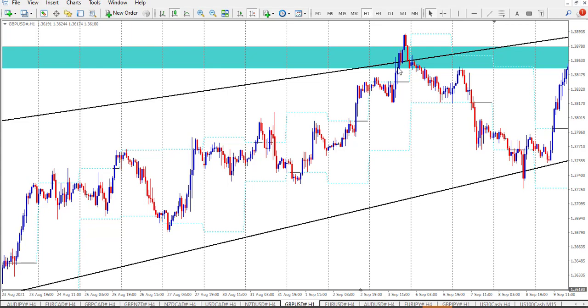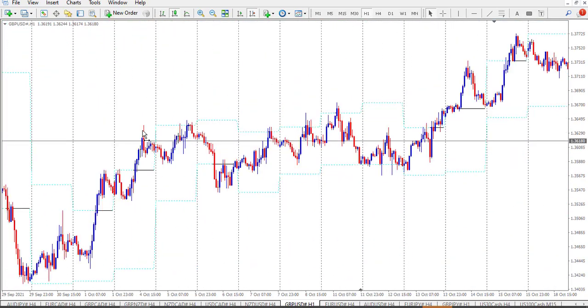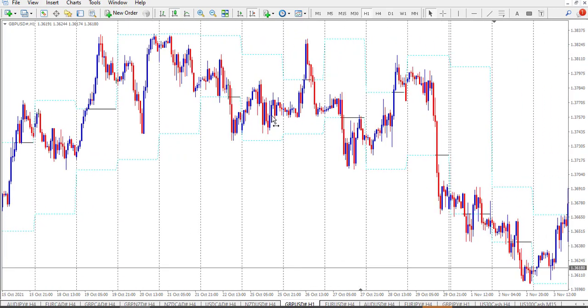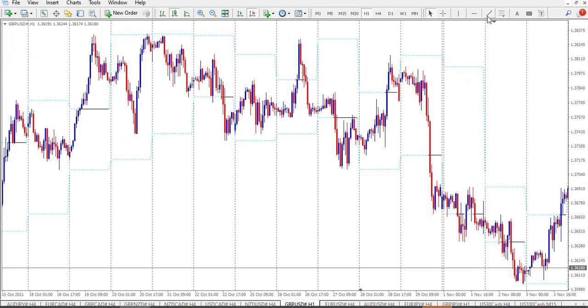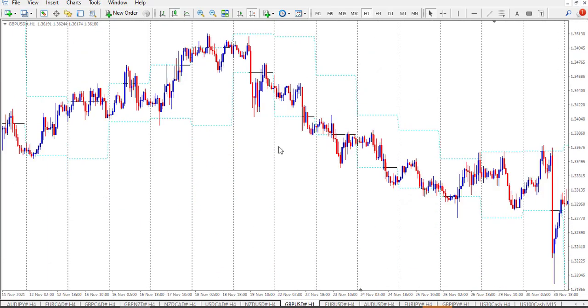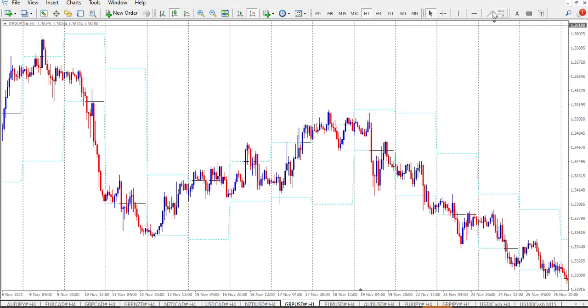And on the higher time frame, it takes time, but it's more accurate compared to the lower time frame. So you can try to balance out the two, but use the higher time frame as often as you can, so that you can get accurate setups each and every time.